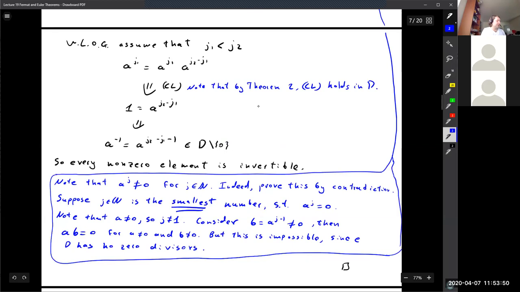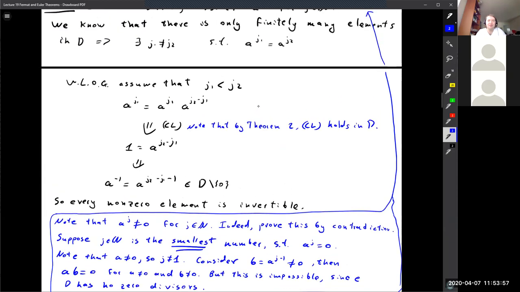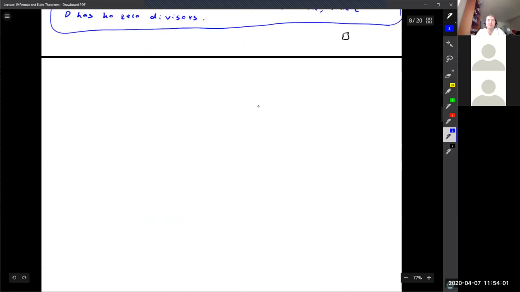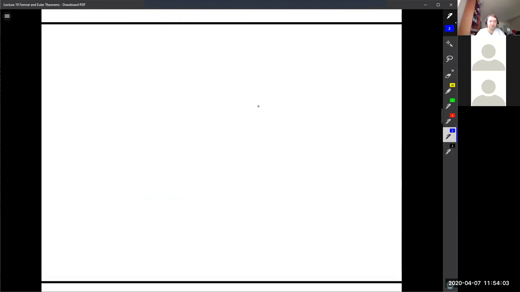Now we were proving this theorem precisely because we want the following corollary. So we already proved that Z_P for prime P has no zero divisors, right?